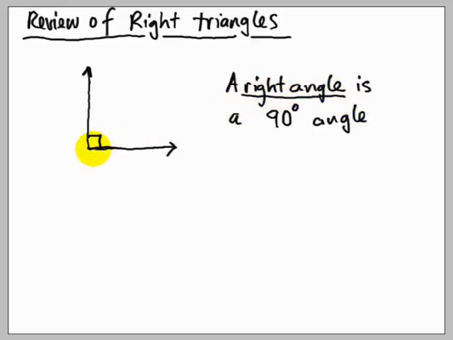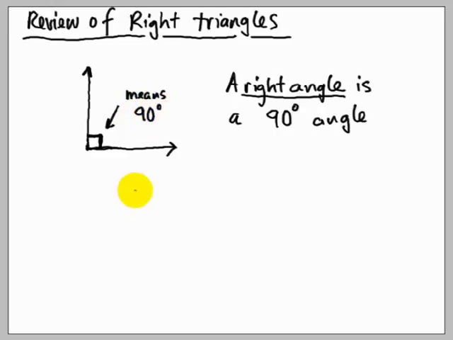And my drawing is not the best here, but these should be two straight lines, and they should intersect in a square, like a corner of a square. Okay, and then we write this little symbol in here. Whenever you see that symbol, that means that it's 90 degrees.